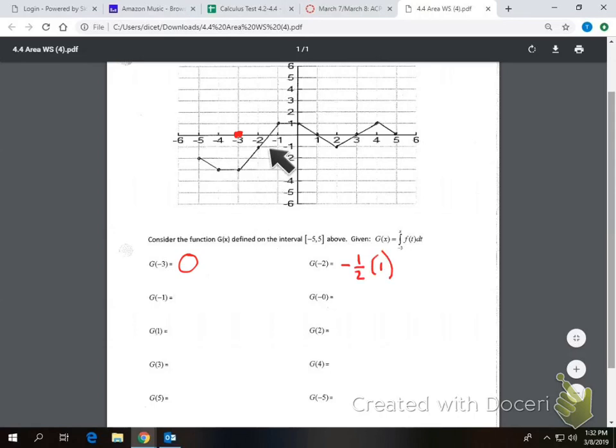And the sum of the two bases, this base is 1, this base is 3, right? So 1 plus 3, so -1/2 of 4 would be -2. Everybody in agreement on that?